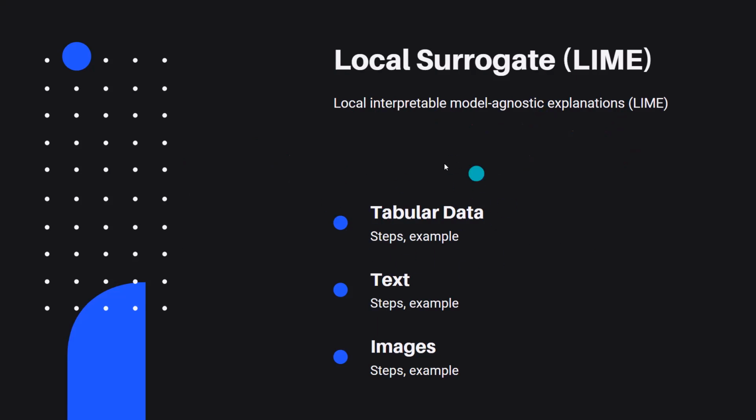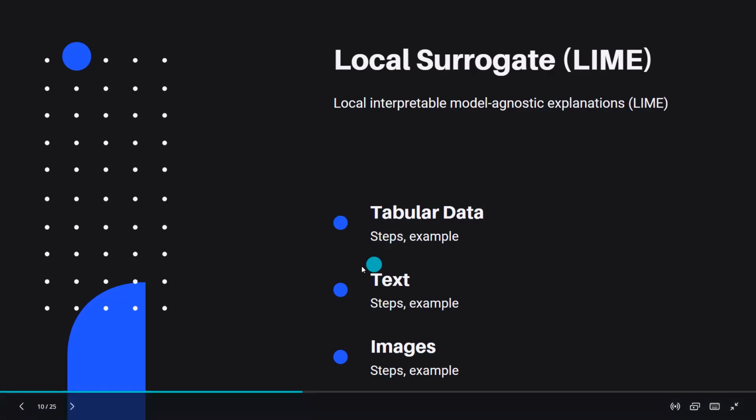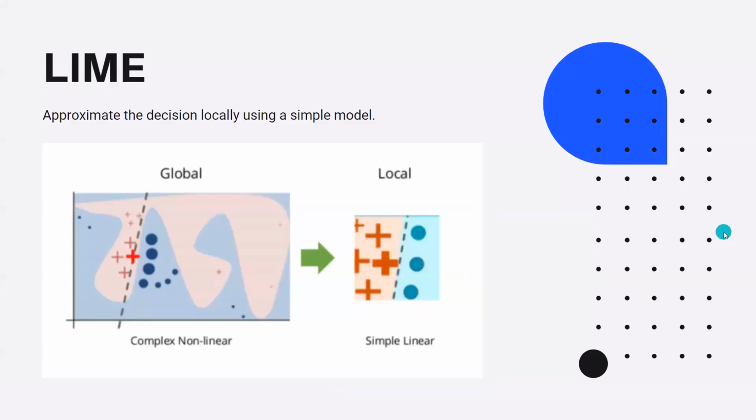We will see the algorithm on tabular data first, and then the generalization to text and images is pretty easy. To understand what LIME does, we're trying to approximate the decision made by some model using a simpler model. Here, for example, we have this sample, and we want to understand why the model made this decision on this point exactly.